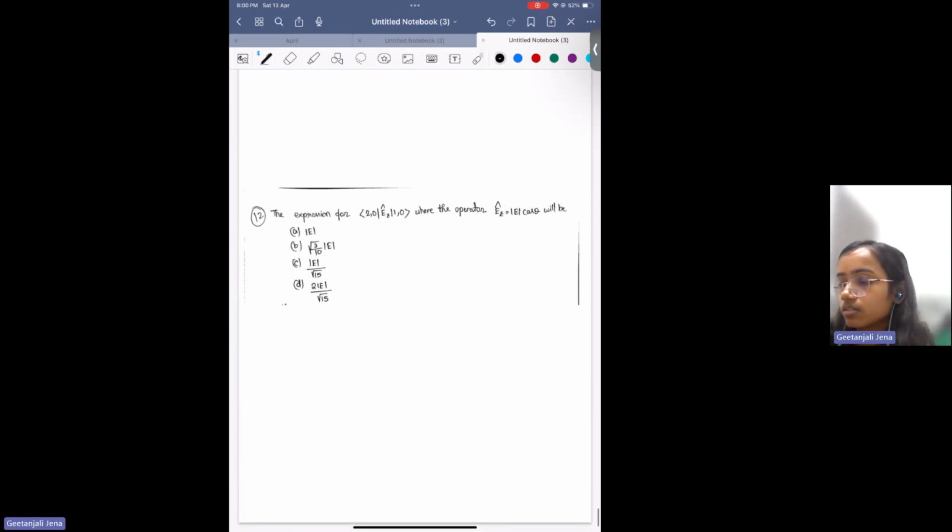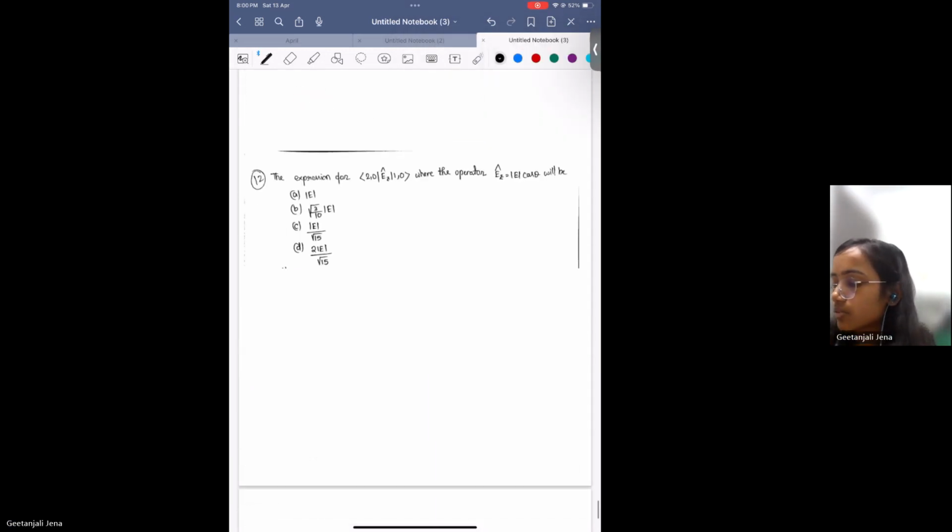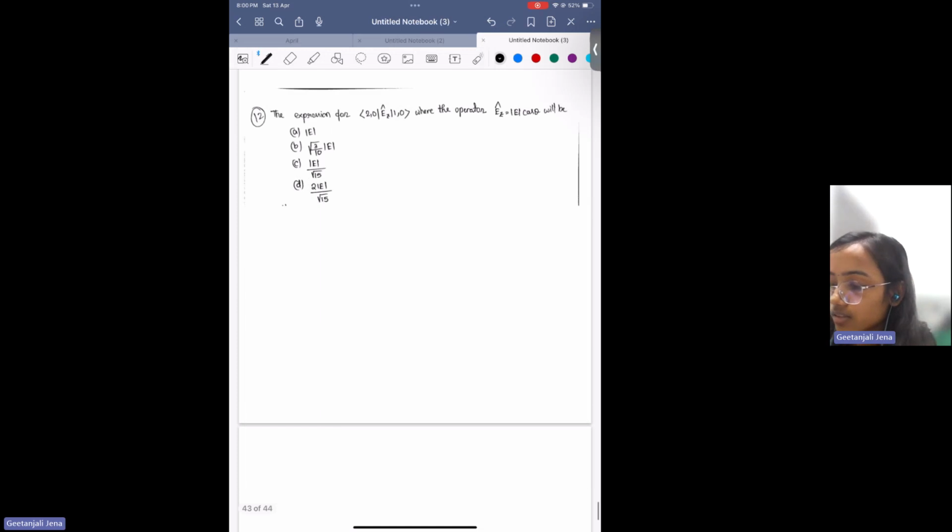Now let us solve the final problem, and after that we will end this section. The final problem is based on spherical harmonics. It is asking about the expression for the matrix element of 210 with Ez, where the operator is Ez equal to mod E cos theta. So it is asking about 20 Ez 10.